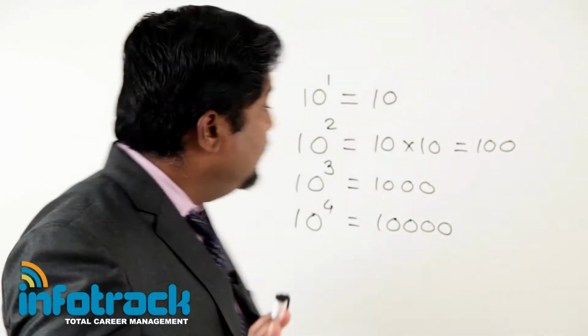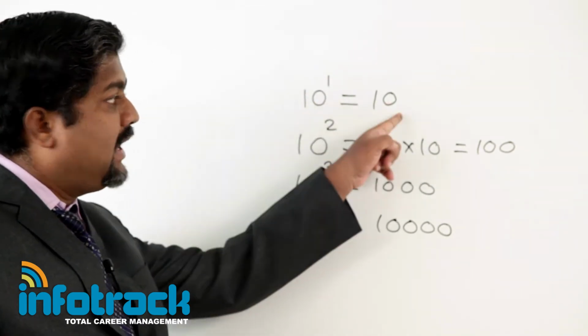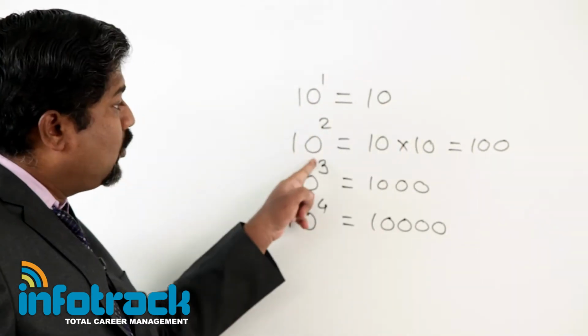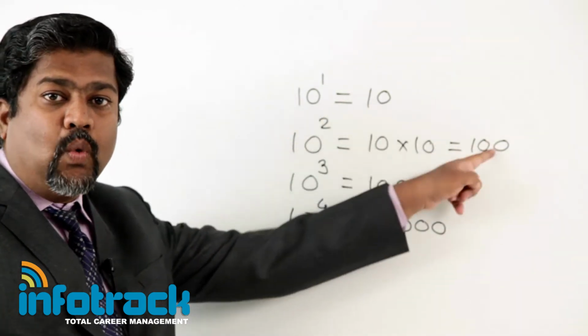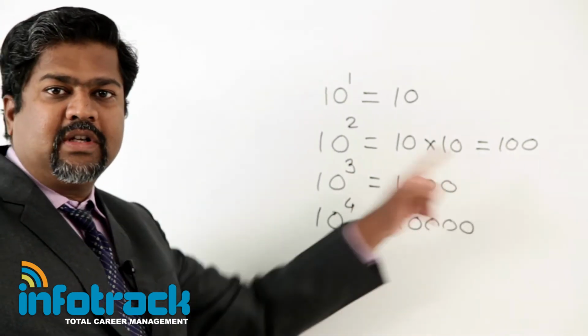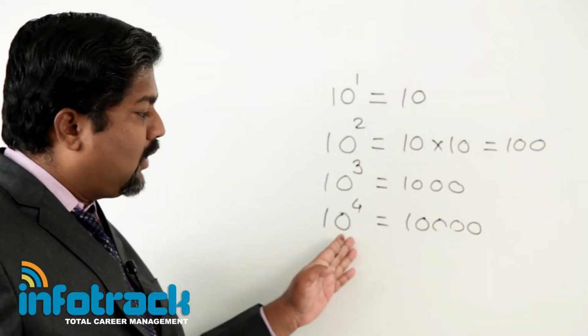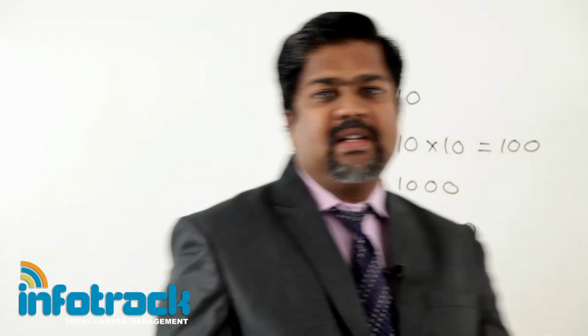Now here you will get an idea. Check out here 10 to the power of 1: 1 is there in front of that 0. Now 10 to the power of 2, there is 1 in front of how many zeros? 2. 10 to the power of 3, 1 and 3 zeros in front of 1. 10 to the power of 4, 1 and 4 zeros in front of that. So this way I can consider the 10 to the power concept.